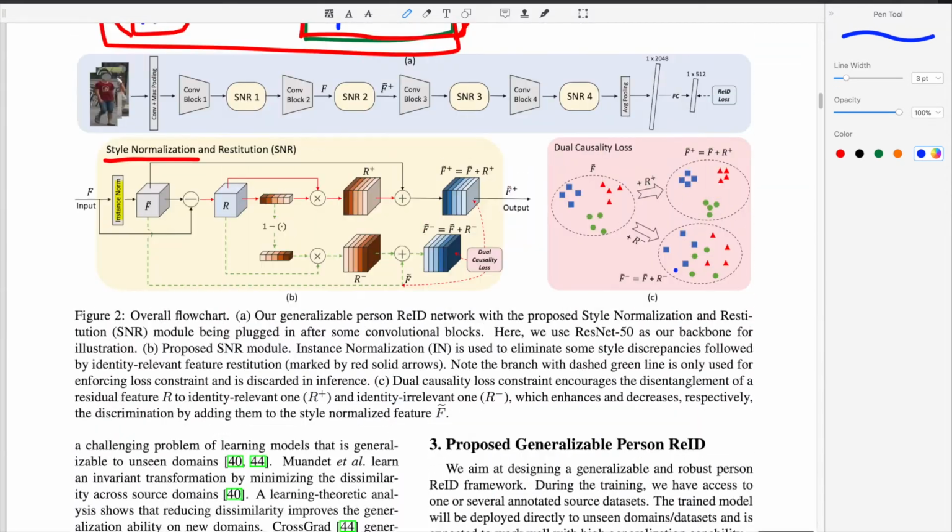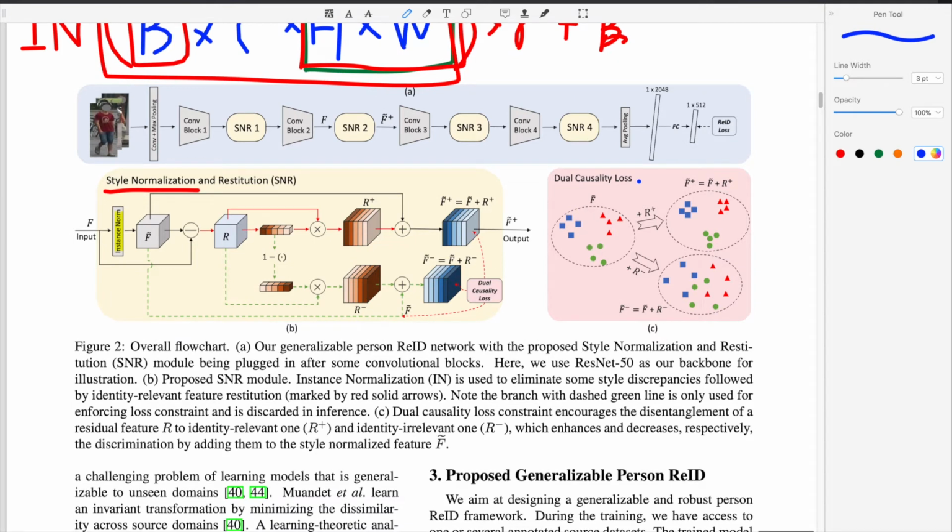So what this basically does is shown in this diagram, where these are the features from different images, and the same colored ones are of the same identities. And what we expect is that by adding this R plus, since we're removing the style information, the features from the same identity will be closer to each other.